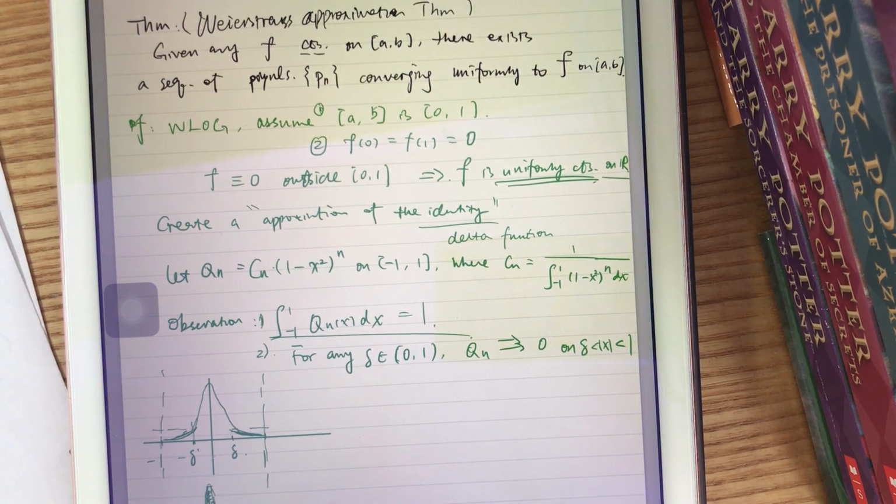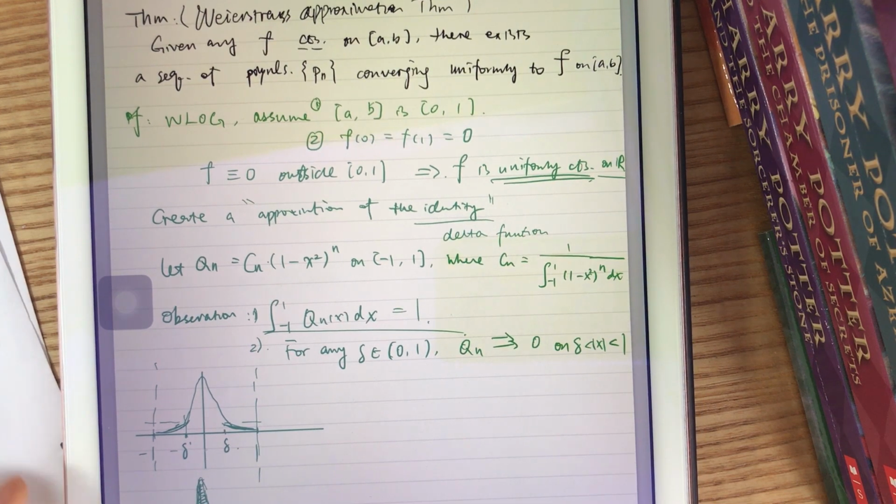And it's 0 other than at the point x equals 0. So you will probably see that these two kinds of function are pretty much similar. We are trying to approximate the delta function, right?